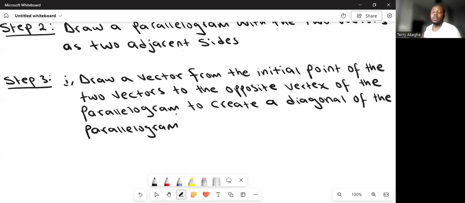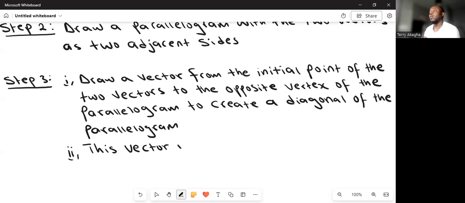Okay, then this vector is the sum or the difference of the two vectors.